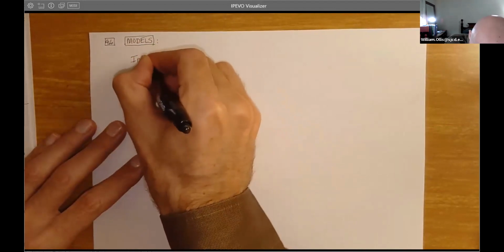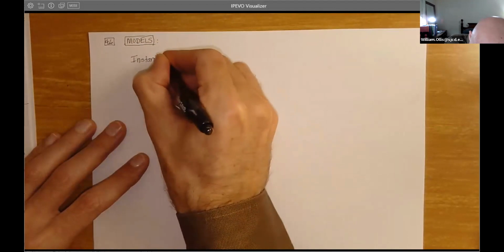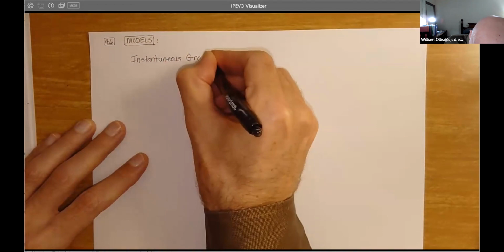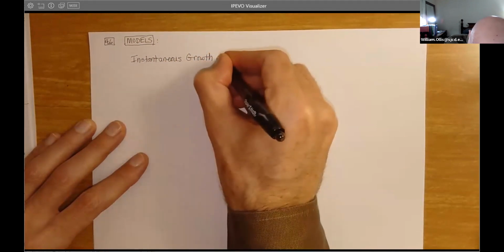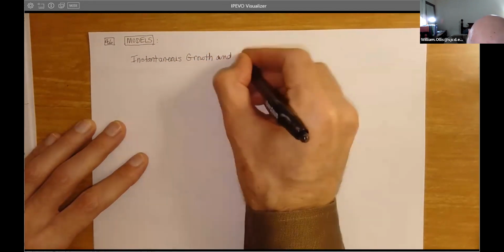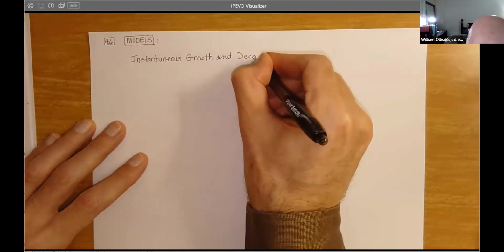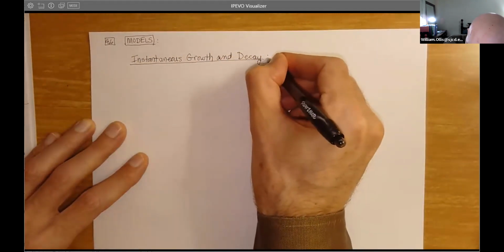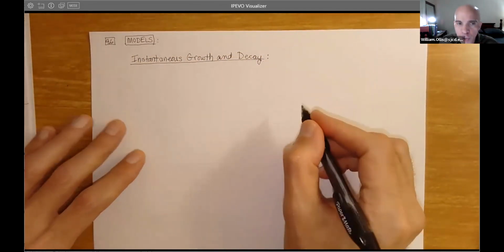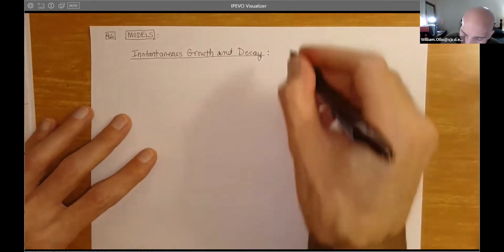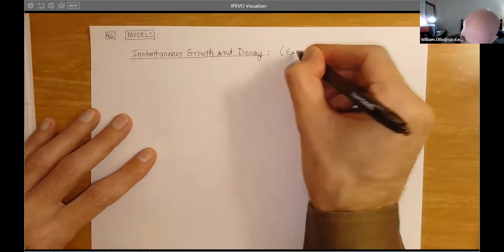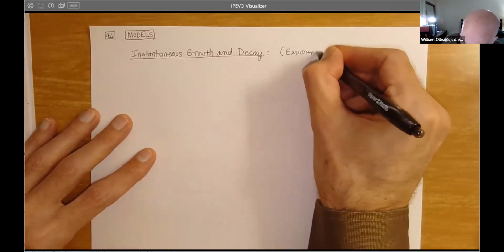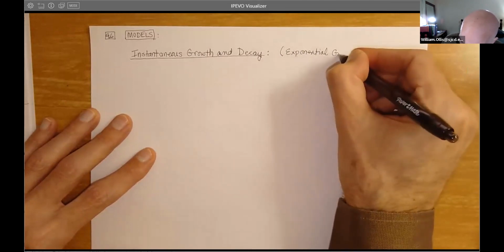Instantaneous growth and decay. When you solve a problem, they'll say this obeys the growth and decay law, and sometimes they call this the exponential law, exponential growth or decay law, exponential growth and decay.